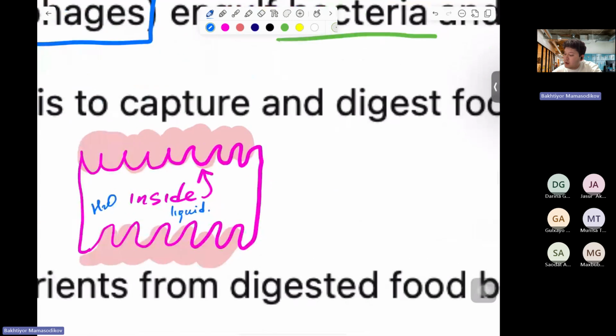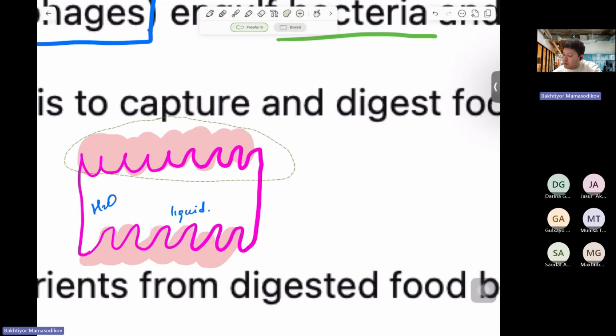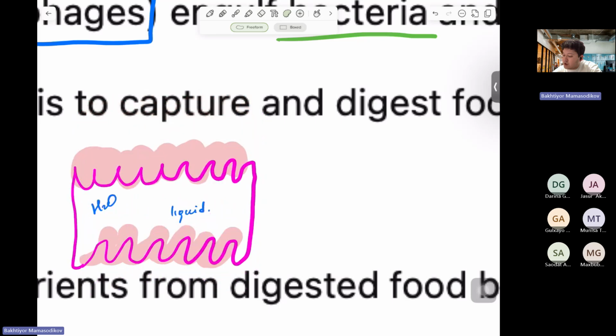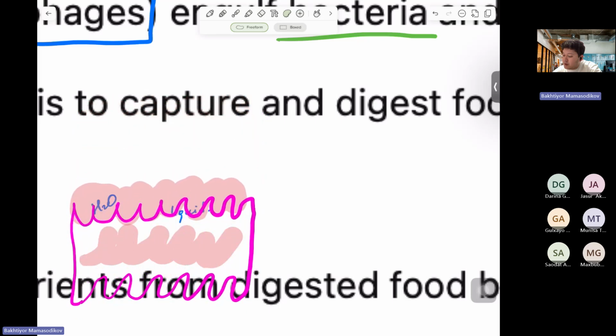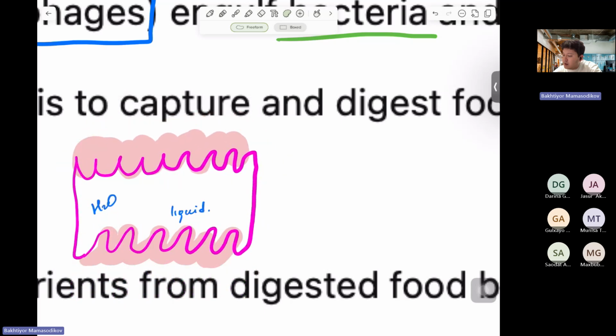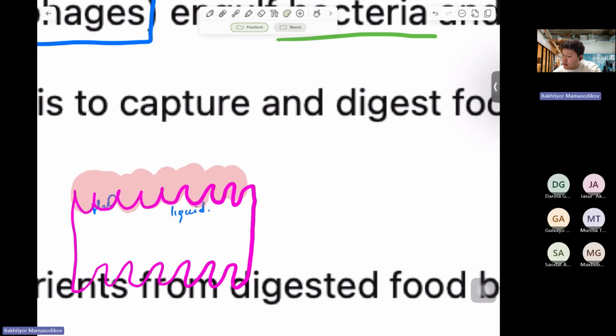But how does the absorption process happen? It happens like this.